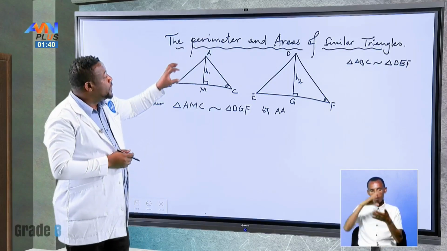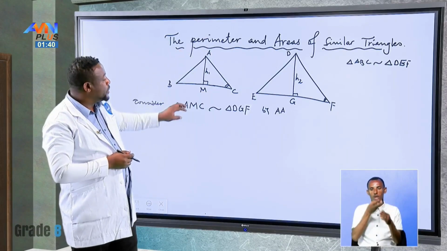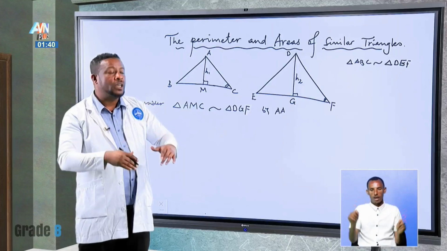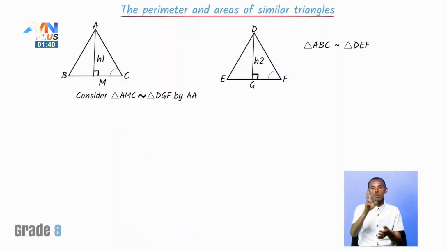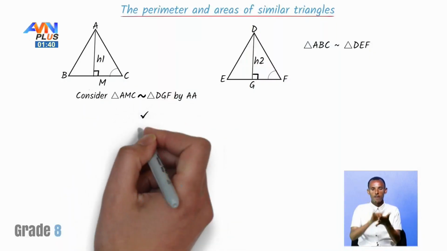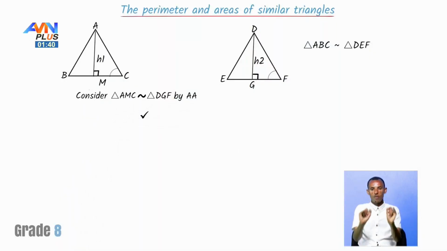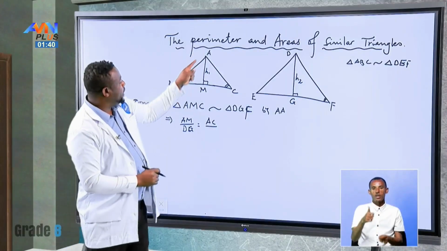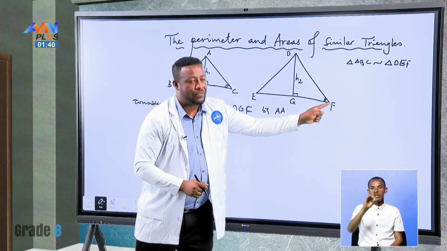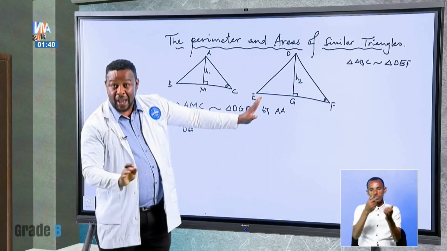So from this figure, we can extract two similar triangles. If these two are similar, we can say that AM over DG is equal to AC over DF, since AMC is similar to DGF, right? This happens by angle similarity.